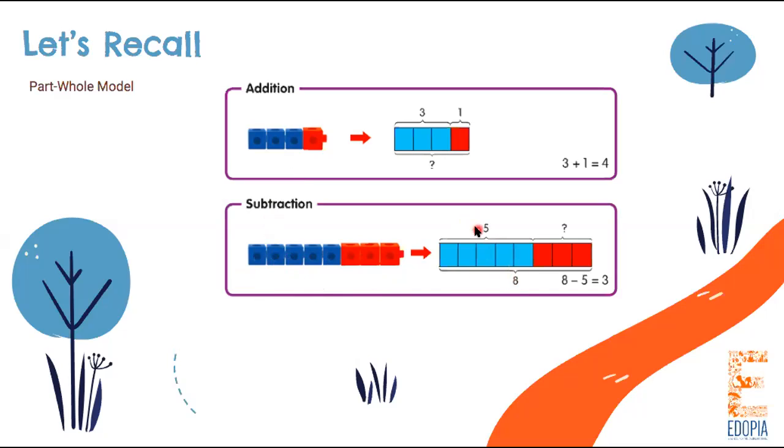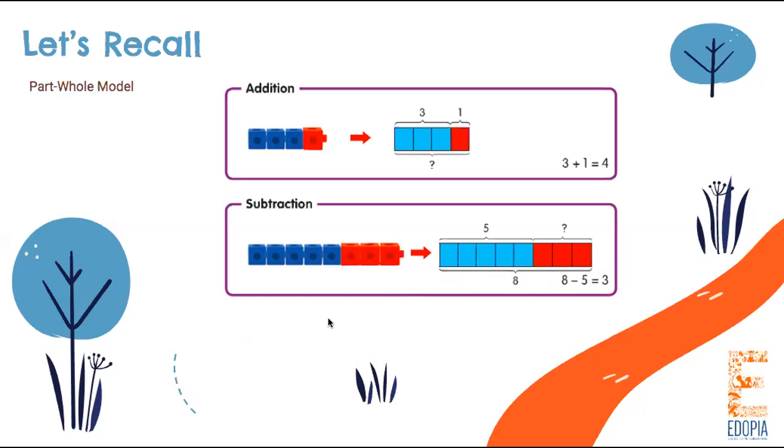That is 1 part from whole. This is the part-whole model concept. So if we subtract 5 from 8, 8 take away 5 equals 3. So the number of red cubes in this 8 cube long rod is 3.